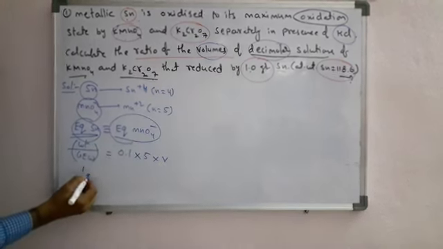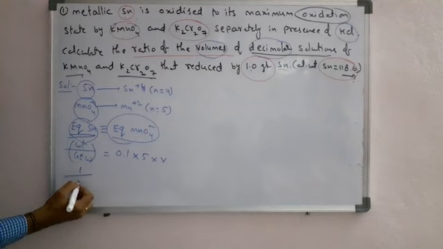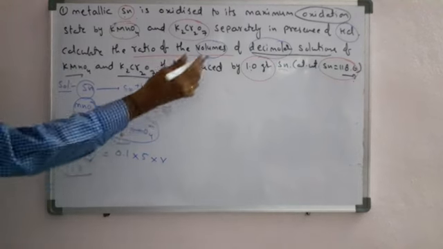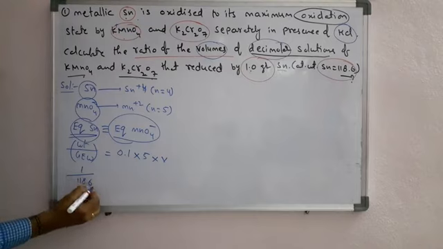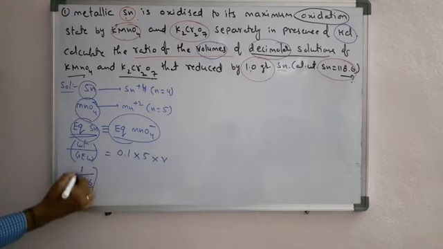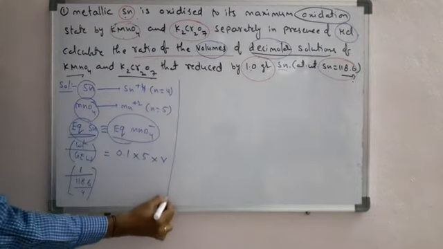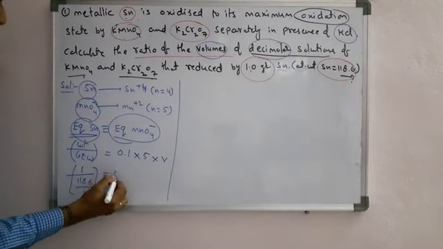Equivalent weight means molecular weight by n factor. The atomic weight is given as 118.6, by 4.